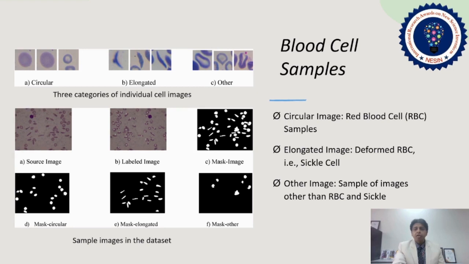The next is the elongated image, called deformed RBC, that is the sickle cell, and the other images are samples of images other than RBC and sickle. The sample images in the dataset that we collected are shown in the slide. You can see source image, label image, mask circular, mask elongated, and mask other.